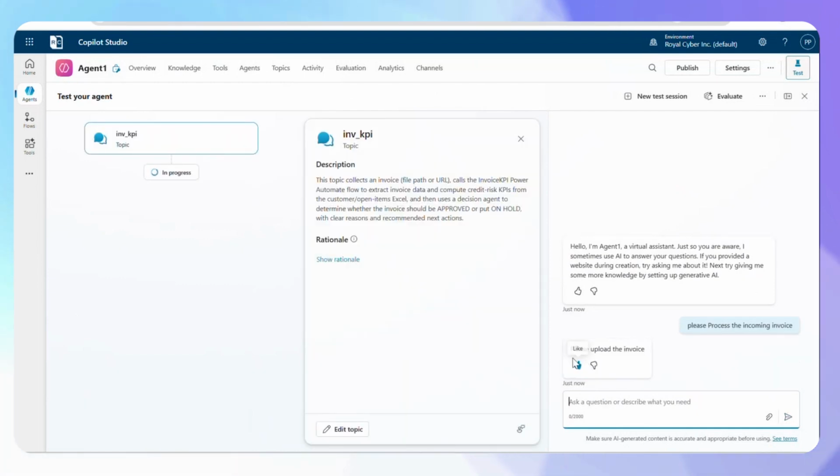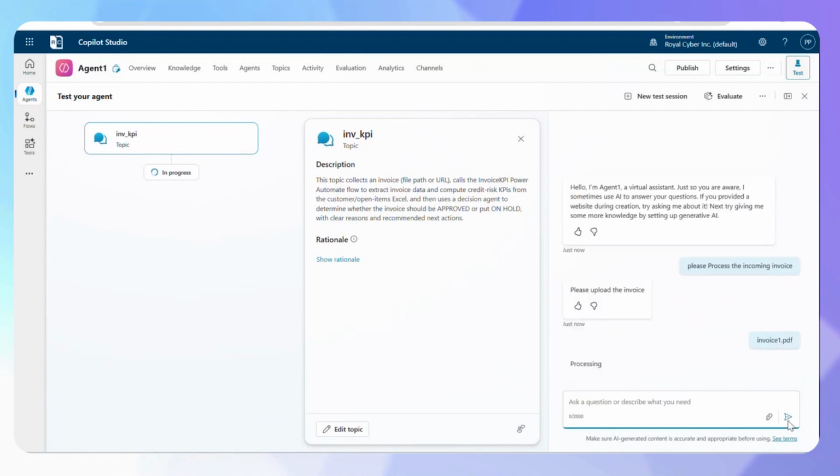It will ask us to please upload the invoice. We are giving this invoice name. Now it will read this invoice and it will do all of the KPI calculation and give the final decision. It takes a couple of minutes to come to the conclusion, so we will wait for a couple of minutes.